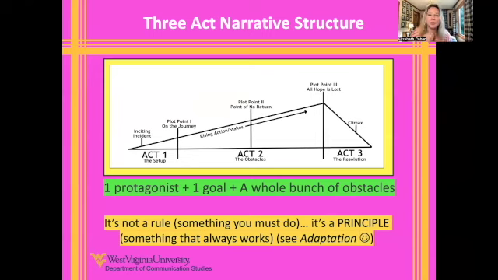It's a really popular narrative structure, and for good reason. Basically, you've got a protagonist. The protagonist needs to do some things. The protagonist runs into obstacles. There's antics and excitement, and then there's some sort of resolution, satisfying or not, at the end, right? So that's the basic gist of it.